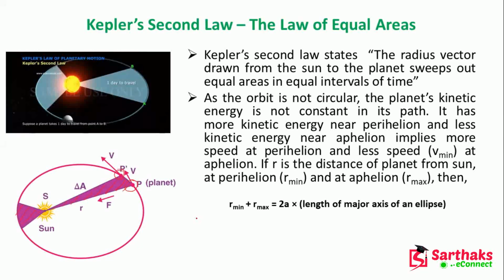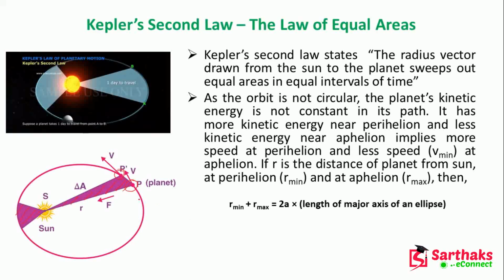Now, in the elliptical orbit, what happens? Here, the circular orbit is not this in this case. So we have the elliptical orbit. Now it has more kinetic energy near the perihelion and less kinetic energy near the aphelion. Okay, and again I am just repeating what perihelion and aphelion are.